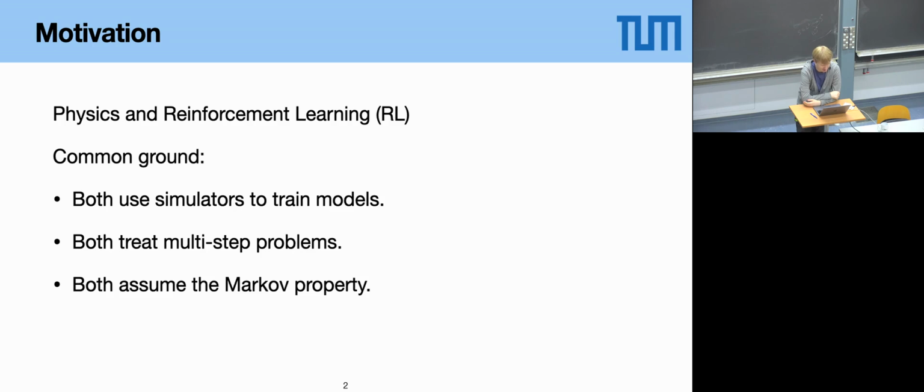As I said, in reinforcement learning, time is always involved, and I believe you've also seen plenty of examples in this course where you have a fluid simulation and you observe it over time and try to learn that. And the last thing to mention here is the Markov property. If you don't know yet what it is, that's no problem. We'll get to it later, but just so you have a rough idea of where things are going today. Understanding these connections between physics and reinforcement learning is sort of the goal of today's lecture.